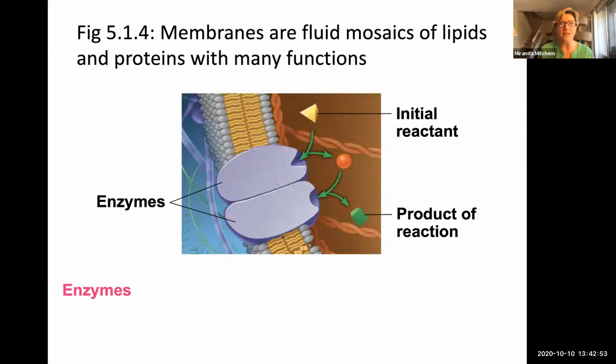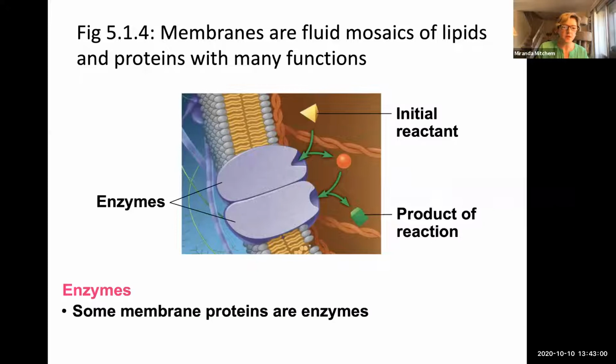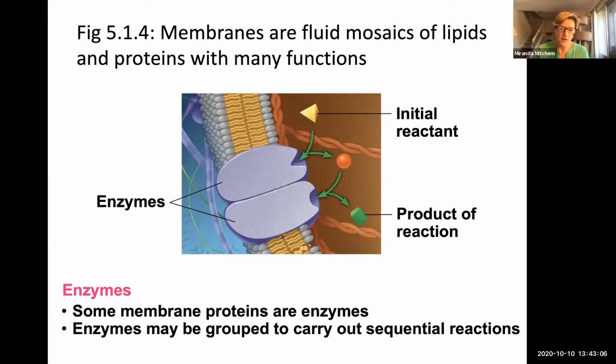There are several enzyme cascades in our body that involve multiple different members of the relay. So some of the proteins in the cell membrane are enzymes, and we're looking here at the example of a sequential reaction. We will come back to the topic of enzymes in the last part of today's discussion.